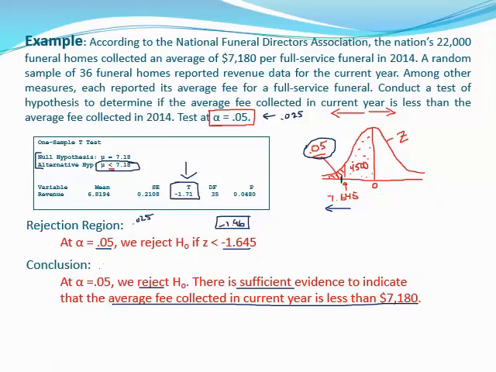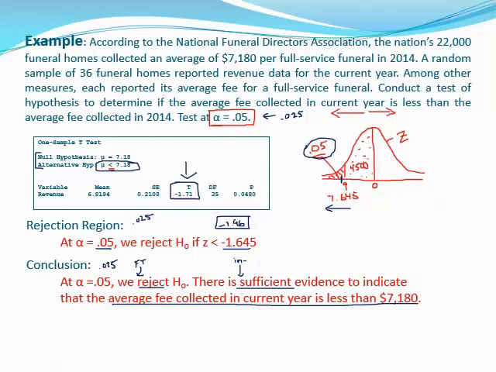And so at a 0.025, that's a 2.5, if you can believe that, we would, I'm going to add 2 letters here, we're going to fail to reject. There is, what would we say in that case? Insufficient evidence to indicate that the average fee collected in the current year is less than $7,180.